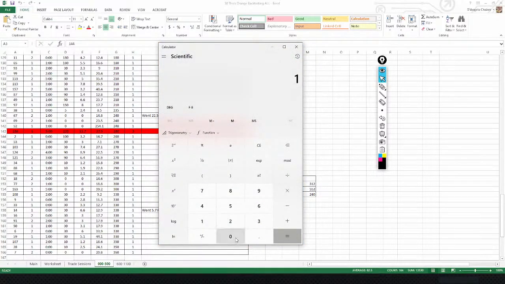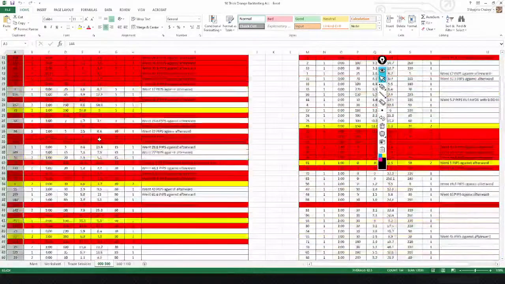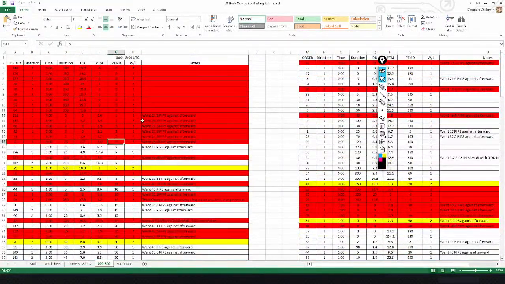So 1,000 divided by 164 is about, what did I do wrong? 164. So that's like 1 every 6 days, right? 1 every 6 days. So that's not a lot. But perhaps you're only trading 2 of those hours, or 2 of another hour or whatever.